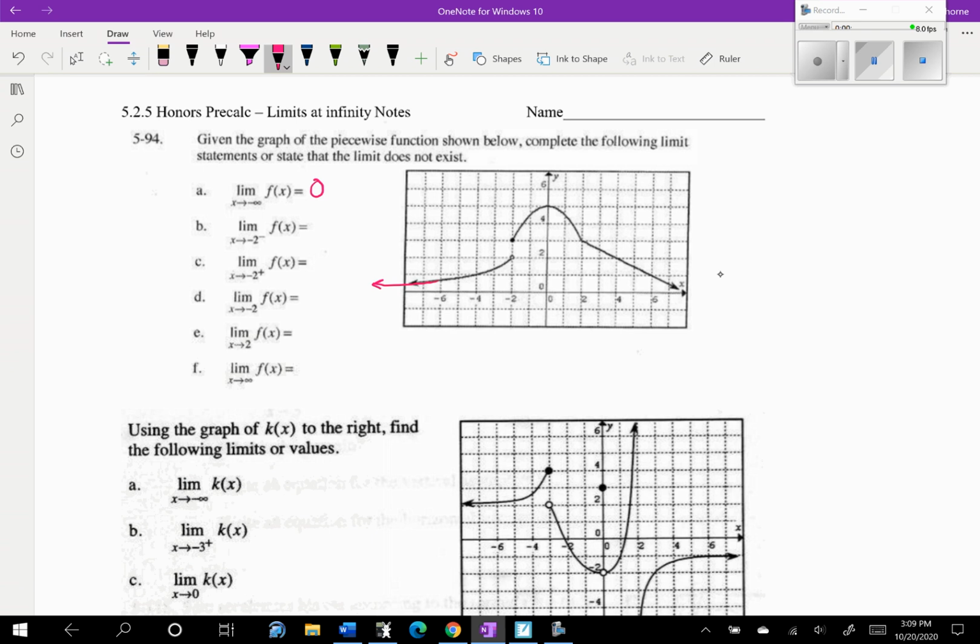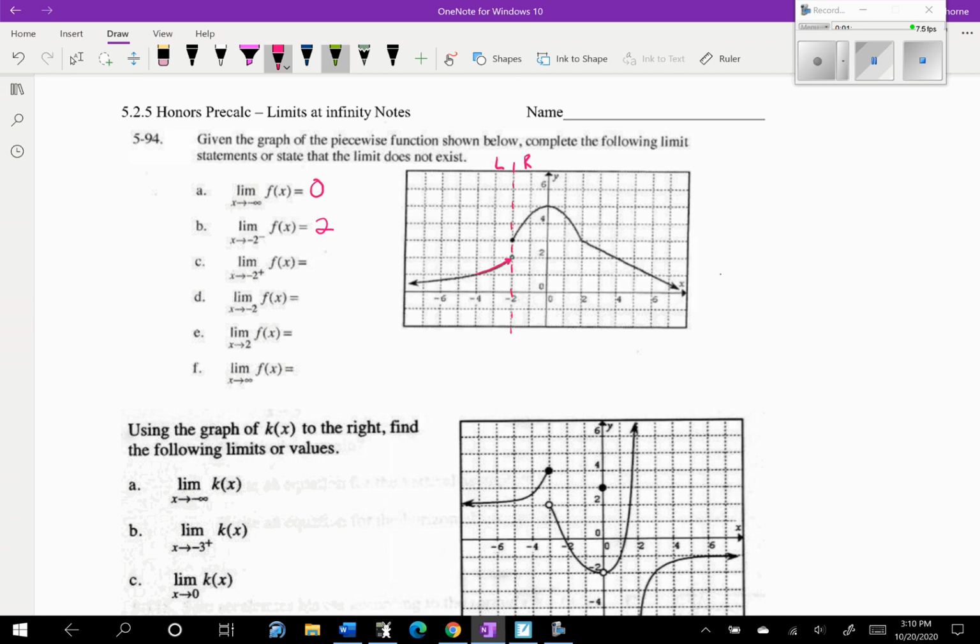For the next one, the limit as x approaches negative 2 from, and it has a minus sign right there, so remember that means from the left. So if we were to draw a line right here, remember that this is the right side and this is the left side. So as we're approaching negative 2 from the left, that would be over here, we can see that our y value is approaching 2.